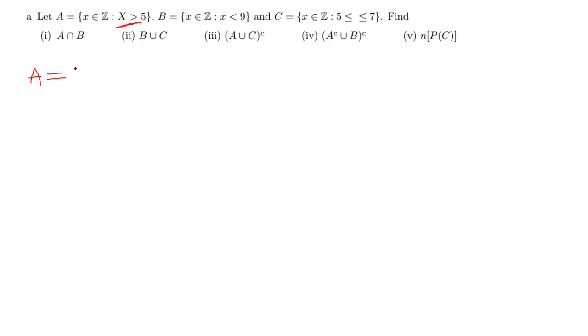So we're going to write the integers which are greater than 5. So we have 6, 7, 8, and it goes on like that. You put 3 dots.